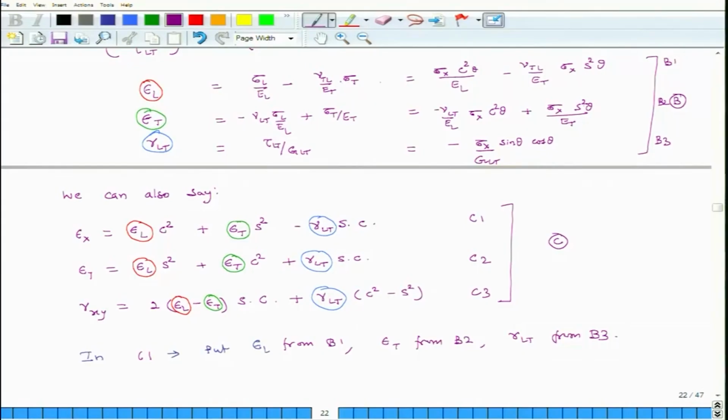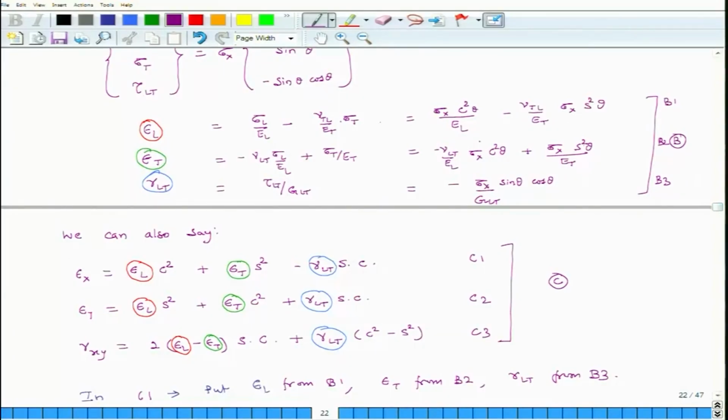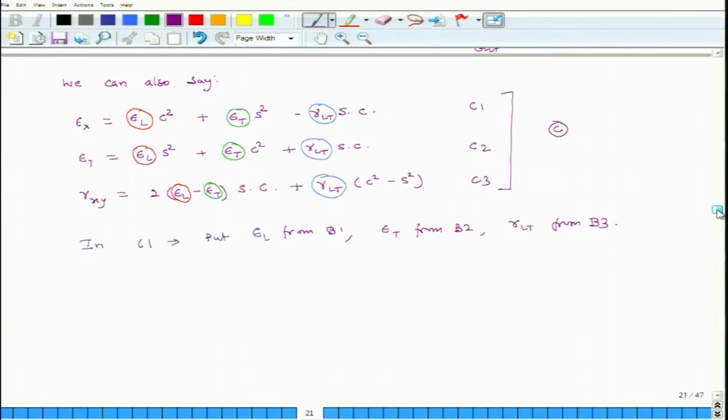It will involve only epsilon x. On the left side it will involve epsilon x, and on the right side it will have only sigma x.